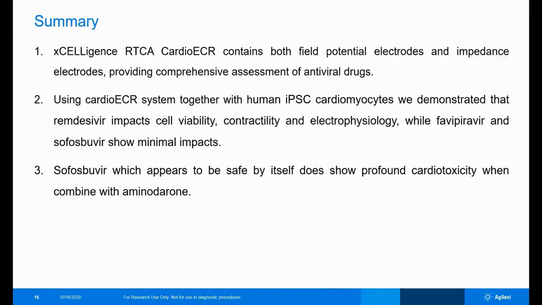And this HCV drug, which appears to be safe by itself, does show profound cardiotoxicity when combined with amiodarone. So with that, I would like to conclude my talk, and thank you very much.